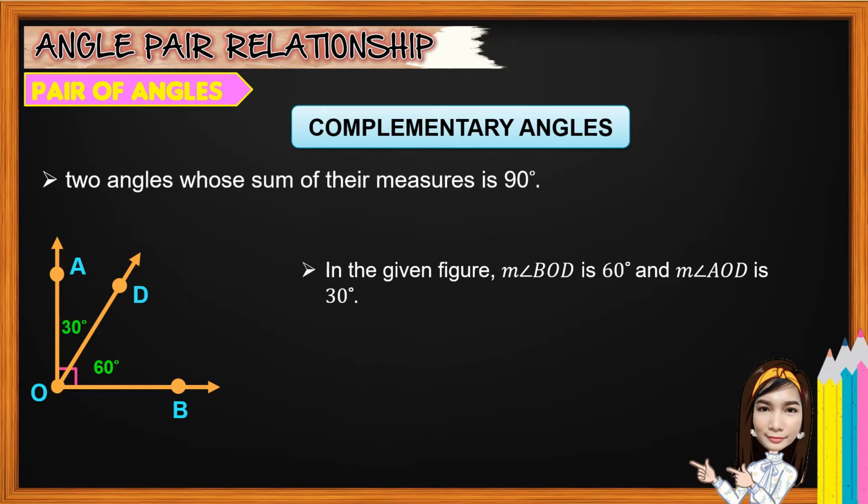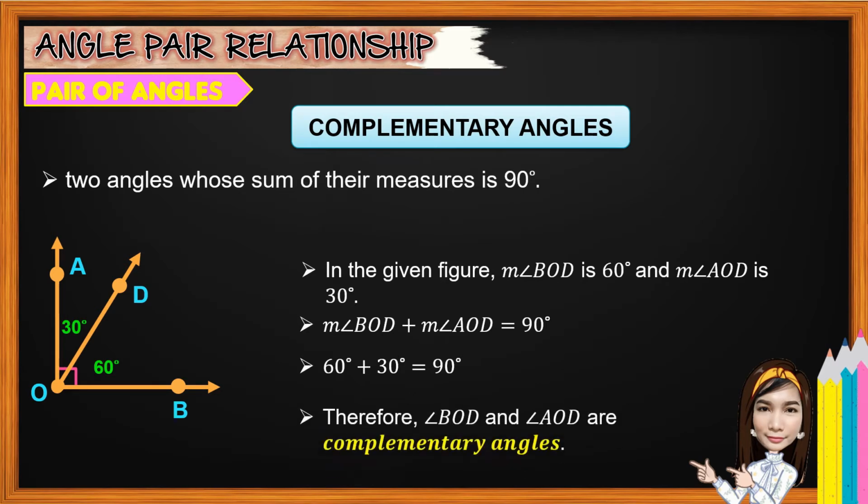So we can say that the measure of angle BOD plus the measure of angle AOD is equal to 90 degrees. If we substitute the given values, we have 60 degrees plus 30 degrees is equal to 90 degrees. So therefore, angle BOD and angle AOD are complementary angles.